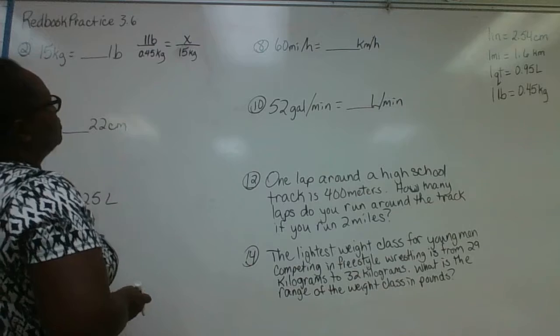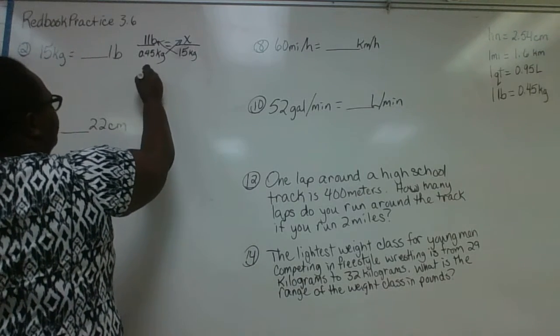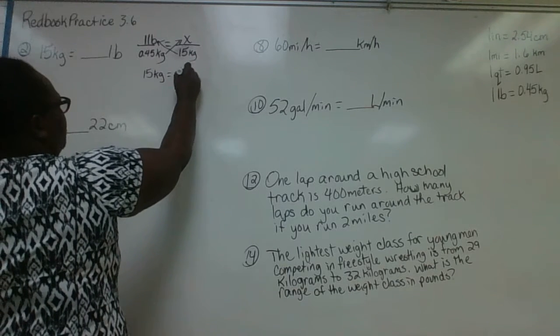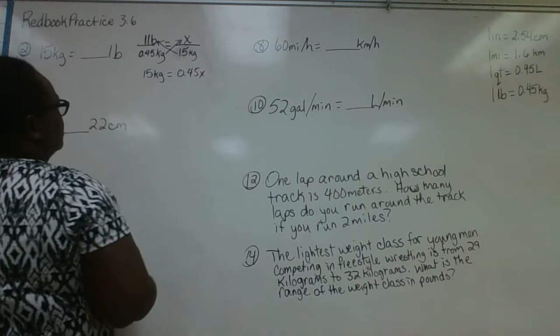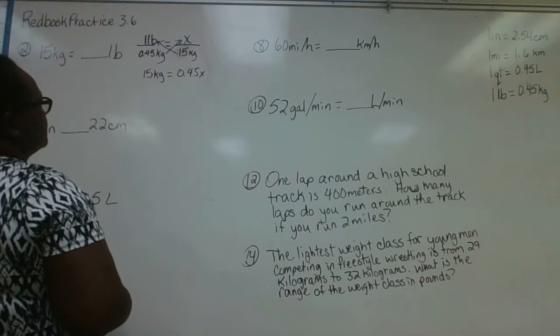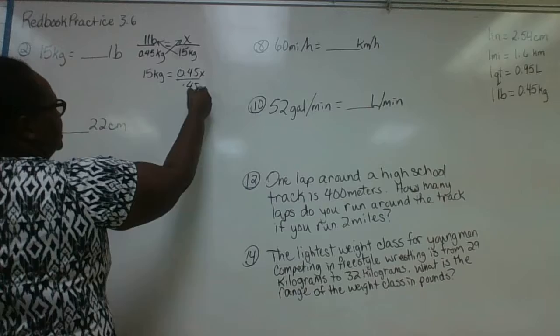So from there, we want to cross multiply. So we have 15 kilograms is equal to 0.45 x. Now what we want to do is divide both sides by 0.45 to isolate the x.